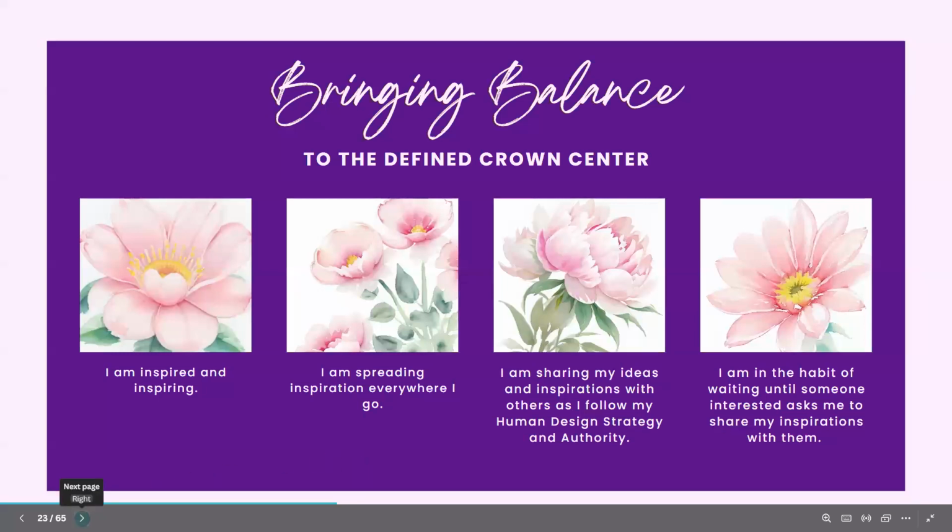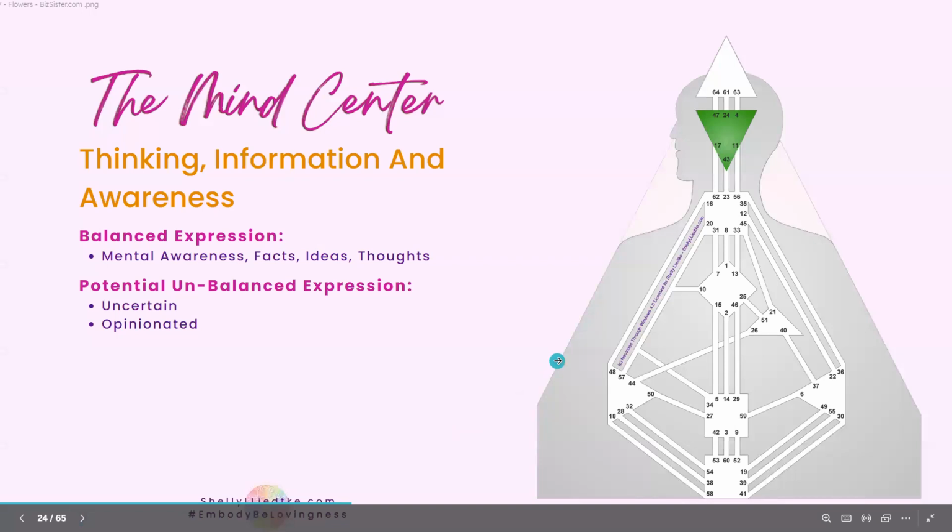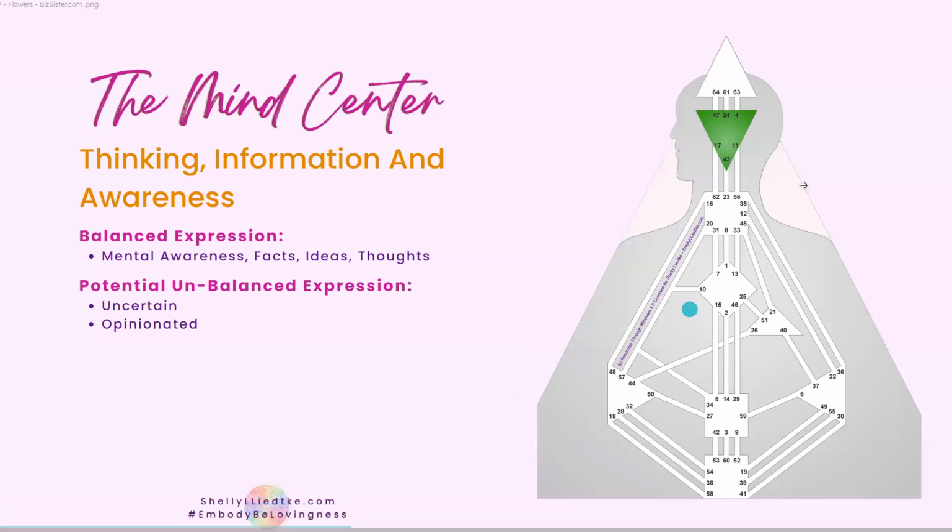Okay, now we're on the mind center. Mind center is the green center, pointing down, the little triangle that points down. This is the center of thinking, information, and awareness. And when we are balanced in the mind center, there's mental awareness. We have facts that we're looking at or collecting, ideas or thoughts.